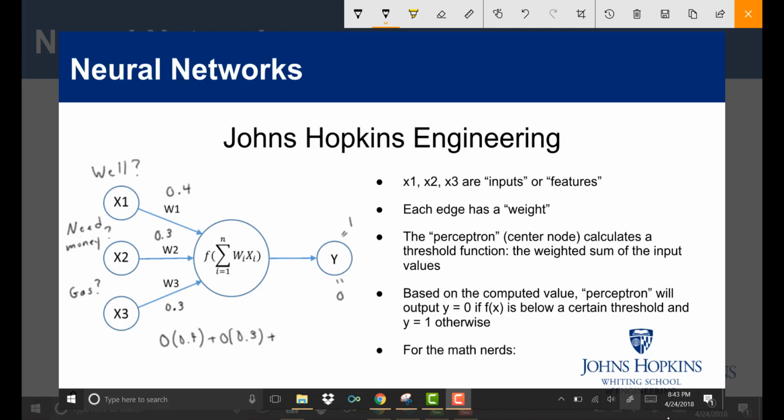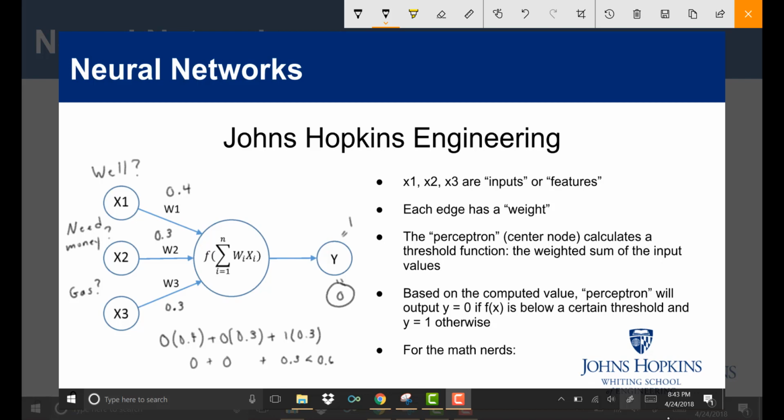And do I have gas? Let's say the answer to that is yes. So the input is a 1, also times 0.3. If I do the multiplication here and sum them up, I get 0 plus 0 plus 0.3, which is obviously less than my threshold, which is 0.6. Therefore, the output is 0.